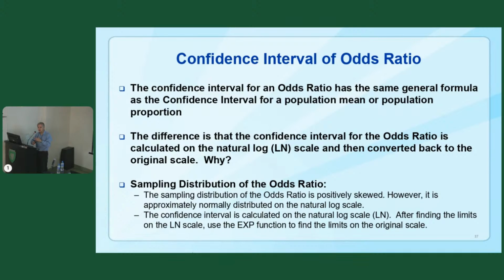So the risk ratio works like that, the risk odds ratio and exposure odds ratio. So I calculate the confidence interval on the natural logarithmic scale, and then I scale back by taking the exponentiation of that, because the exponential, EXP in Excel or a programming language, is the inverse of the ln, the natural log, okay?